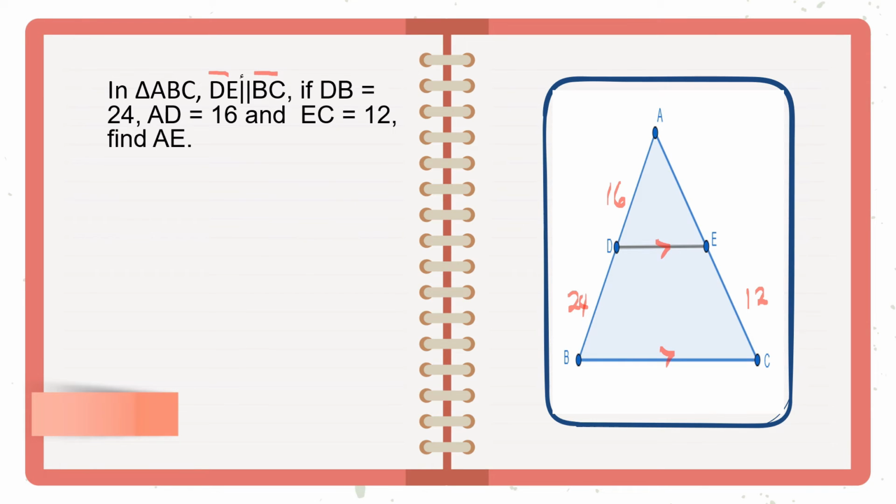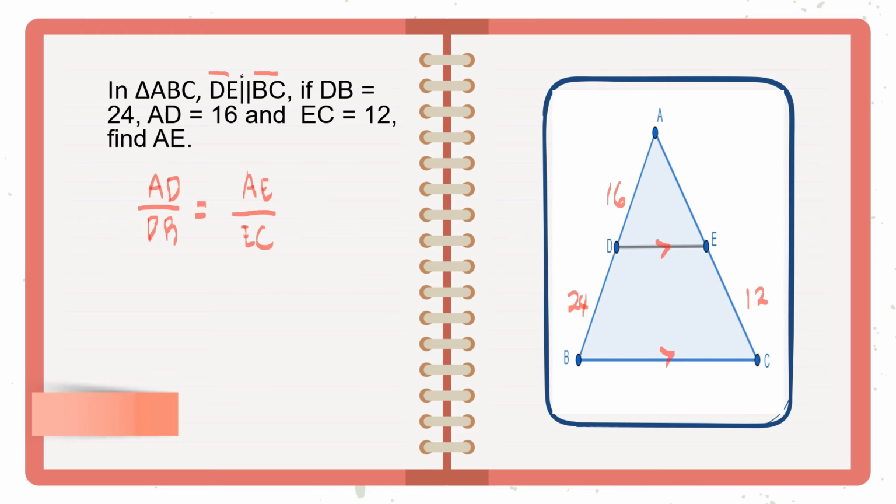So we can use the upper right or upper left over lower left. That is AD over DB equals upper right, AE, over EC, lower right.